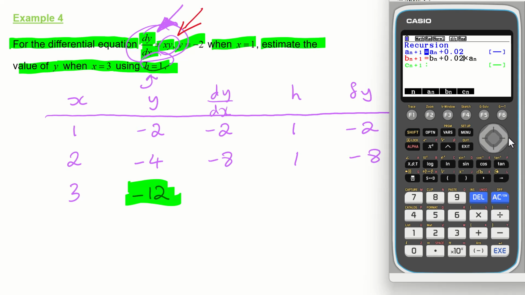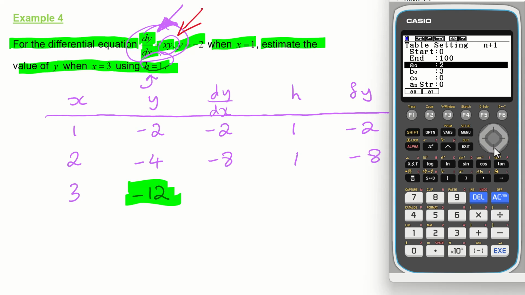But this time, the gradient was a_n times b_n, let's just check that. Yeah, that looks okay, because it's xy. Okay, let's have a quick look at the set-up, because I think the 0 to 100 is okay.